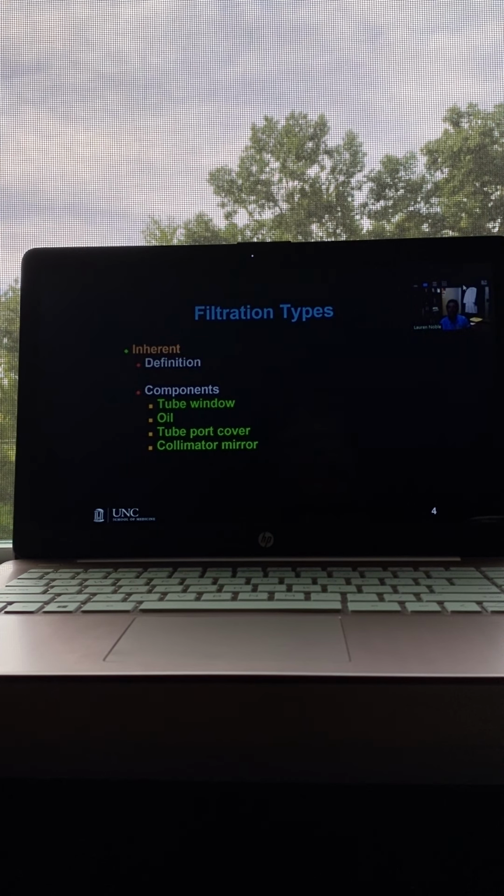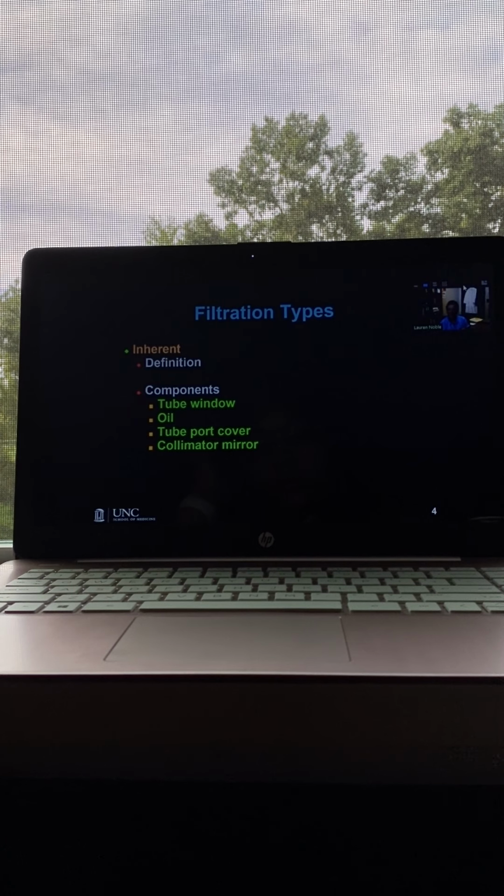Why does that protective housing need to have a tube port or tube window? Why does the protective housing have to have a window? Same reason the glass envelope has to have a tube window. We need those x-rays.